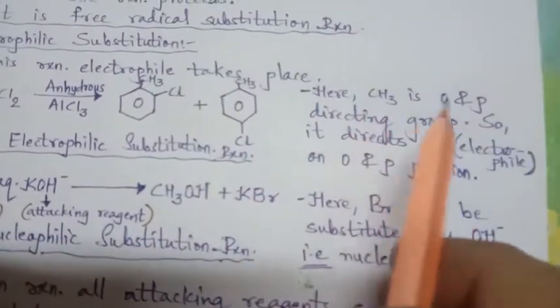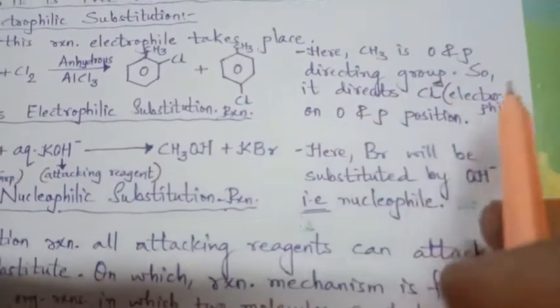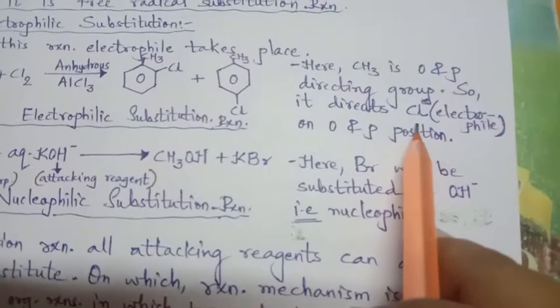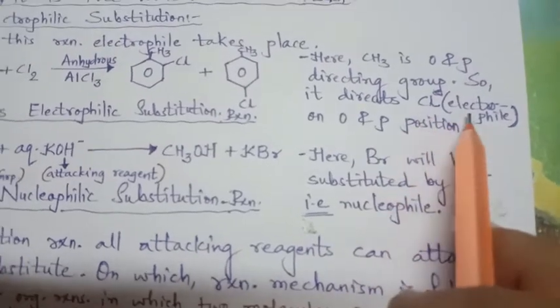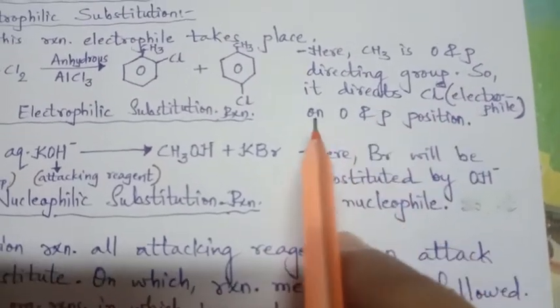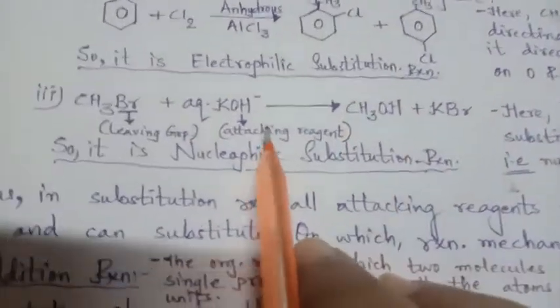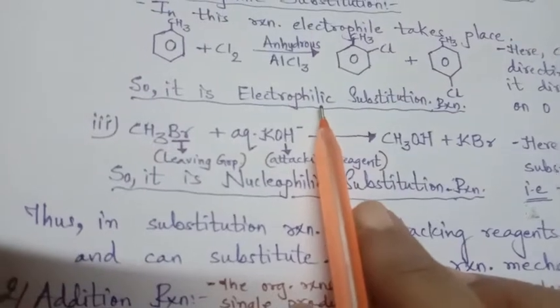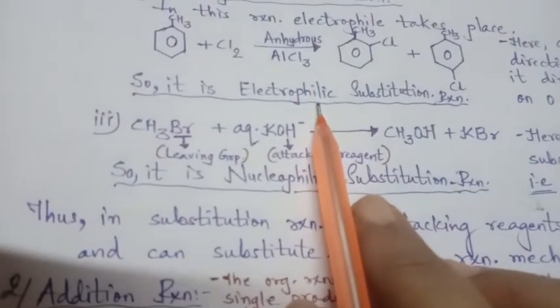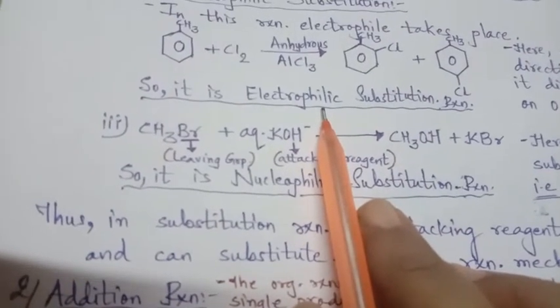So CH3 is an ortho para directing group. It will direct Cl, the electrophile, on ortho and para positions. Electrophile means the one who loves electrons. That means they are seeking electrons, right?